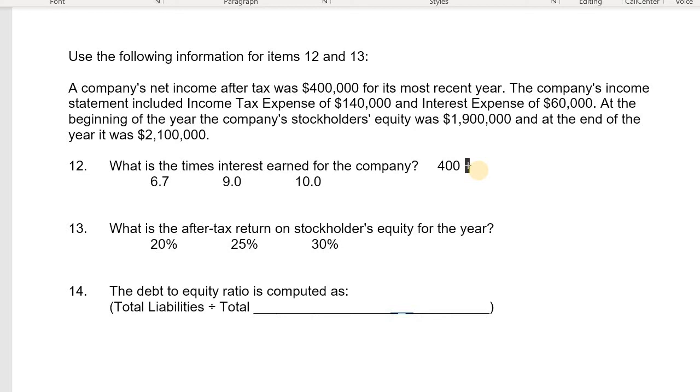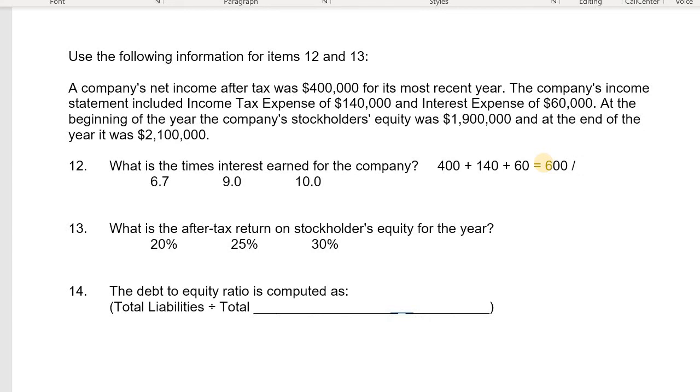So to our 400, we're going to add back our income tax expense of $140 and our interest expense of $60. So 400 plus 200 is 600 is our income before interest and taxes.